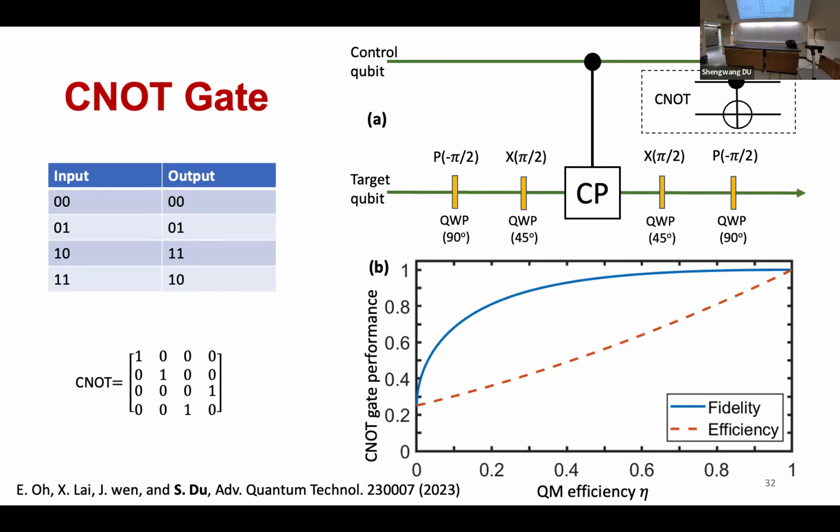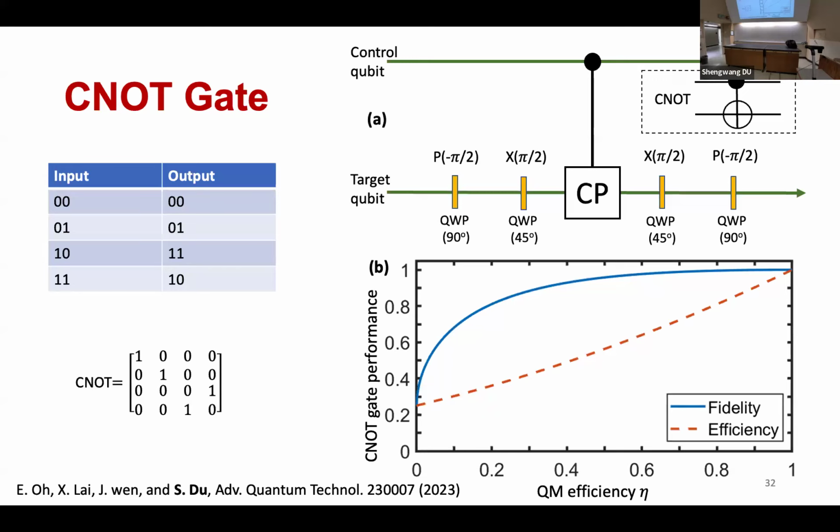The C-NOT gate is just this: if you have 0, you output 0, 0, 0, 1, 0, 1. But if the first bit is 1, it flips the second bit. That is called a C-NOT gate.